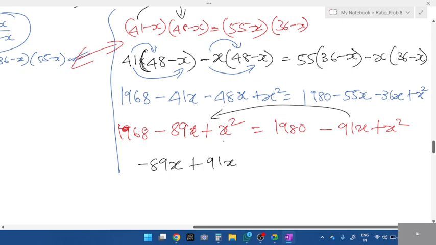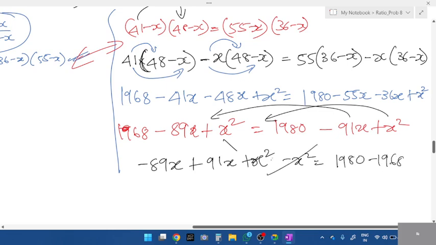Next. Very good. Next. These two get cancelled. What's the value? Minus 89 plus 21 plus 91 is.